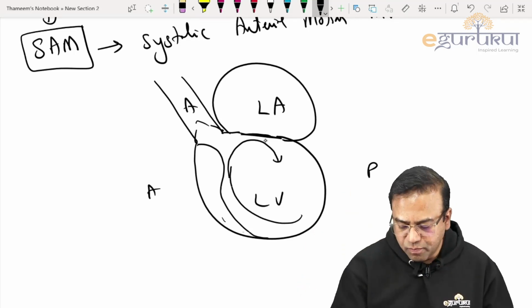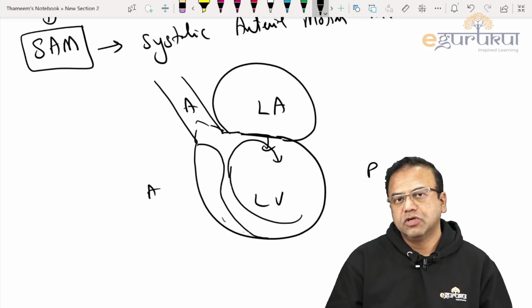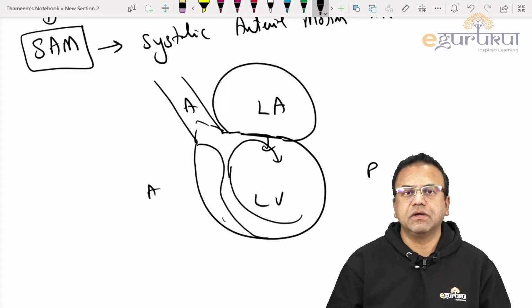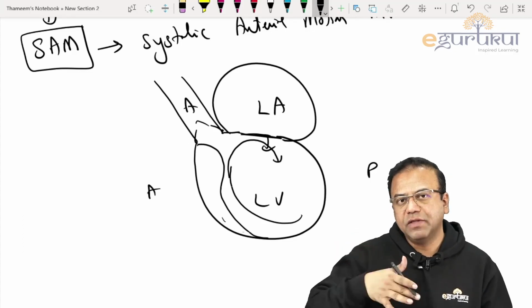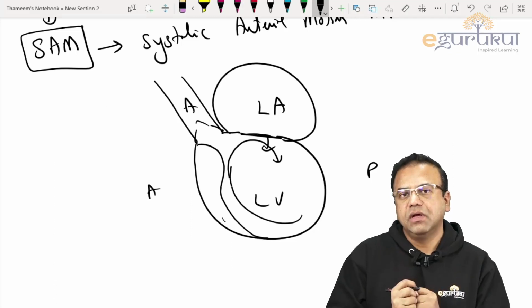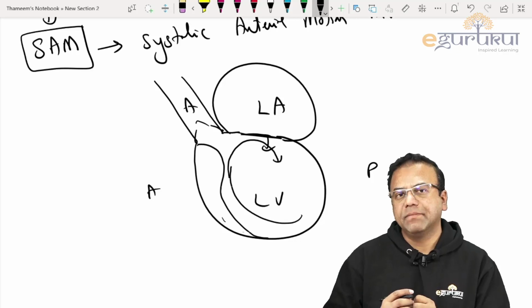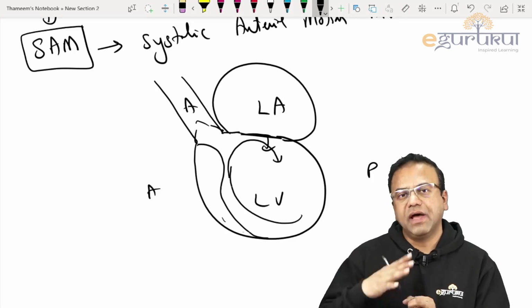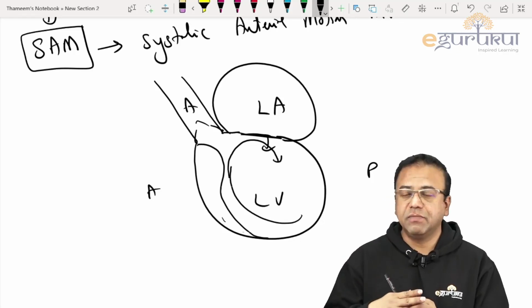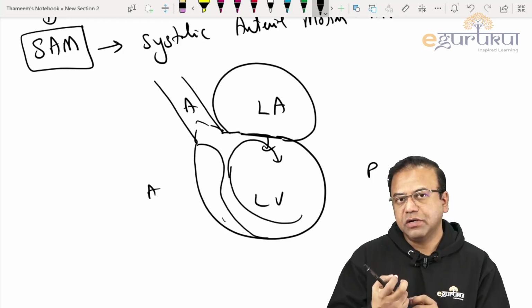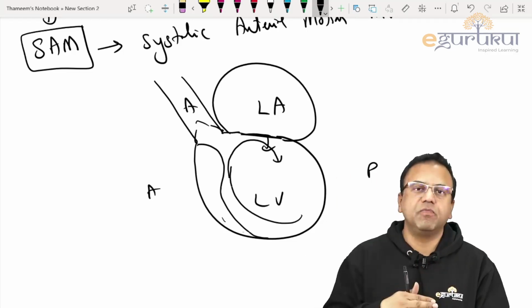This drag is going to pull the mitral leaflet open. So there are various explanations suggesting why the mitral valve opens when the LV is in systole. I think the very simplest way is because the septum comes in the way, it generates a high velocity, and high velocity by the Venturi effect or the Bernoulli principle creates a low pressure. The low pressure sucks the mitral leaflet open.